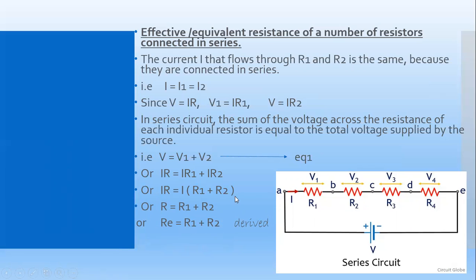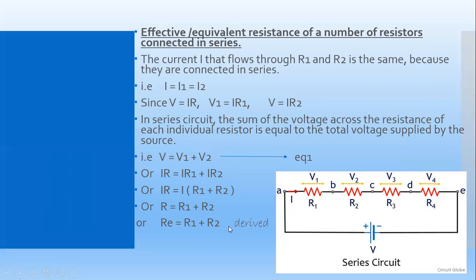If you have 3 resistors, add V3 or I3. If you have 4 resistors connected in series, you have to add I4 also, according to your diagram and your need. I am using only 2 resistors. Here the diagram is showing 4 resistors, but I am deriving the equation with 2 resistors.